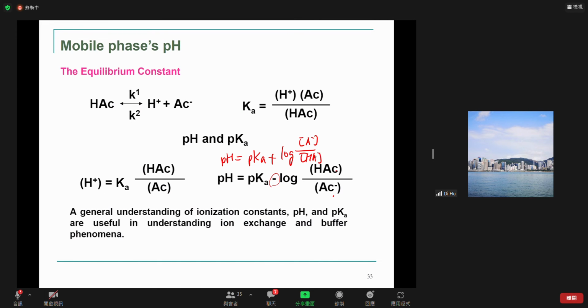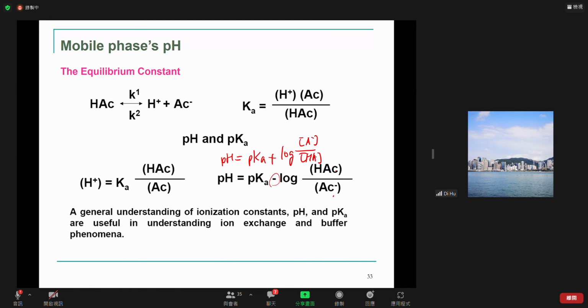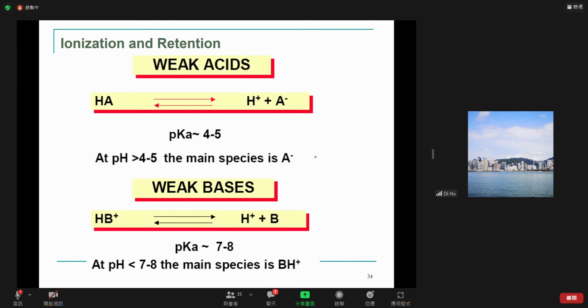Okay, so this is the general understanding. So we use the 2-unit rule, right? Remember what the 2-unit rule is. For a weak acid, the pKa value is 4 to 5.